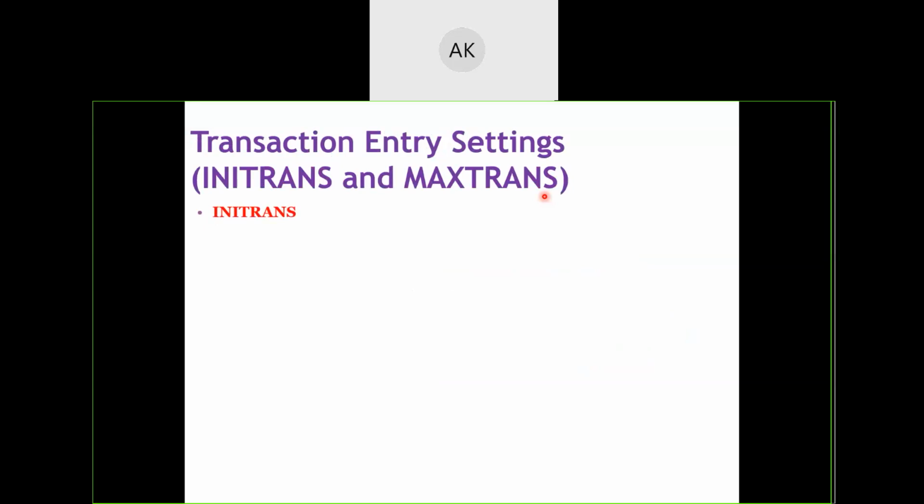These transactional entry settings are the settings that are required for the operations that are going to be performed on the data that is stored in the percentage used. For example, INITRANS is actually a synonym for initial transactions, initial number of transactions. It specifies the number of DML transaction entries for which space should be initially reserved in the data block.